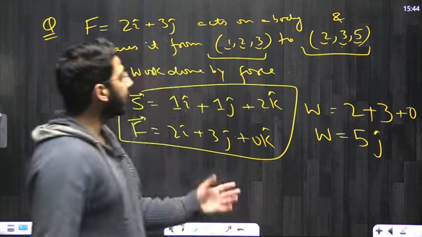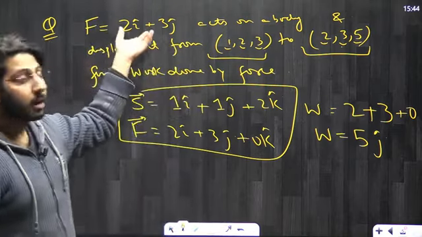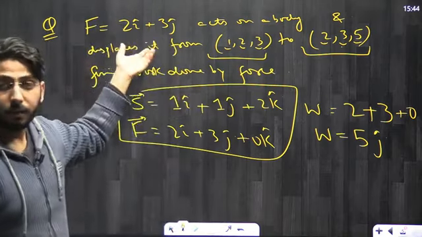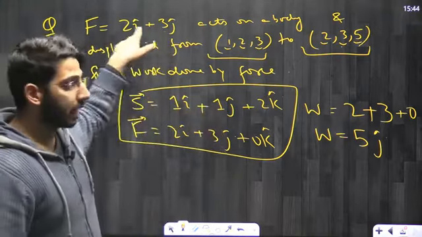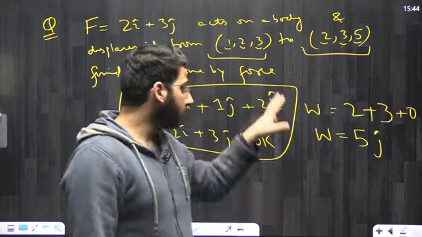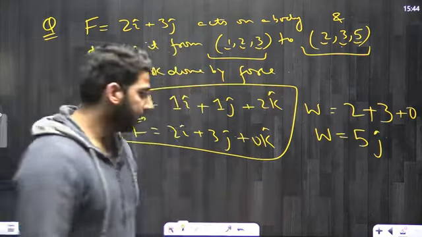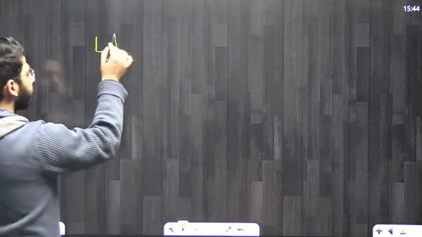So this is the case when the force is given in the Cartesian form, the vector form, where I have been given the coordinates and their directions. In some cases, it can be a very simple thing.